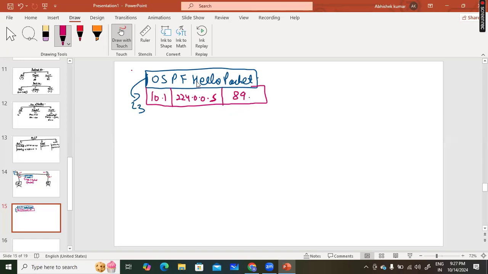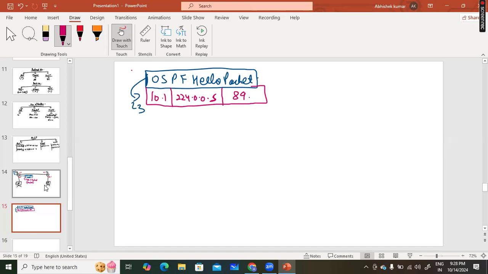Clear? Does anyone have any doubt in this? Okay, now this is your OSPF hello packet format.